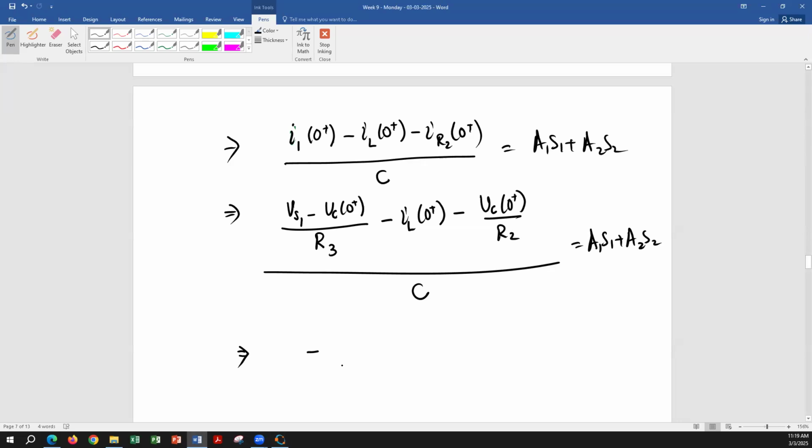All right, negative 0.5. Vs1 minus Vc0 over R3 minus IL0, divided by C. See if you're getting the same result.